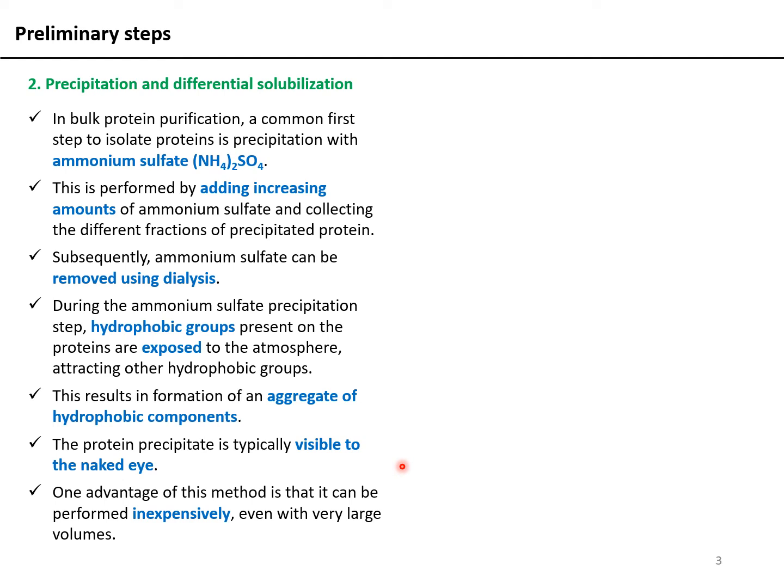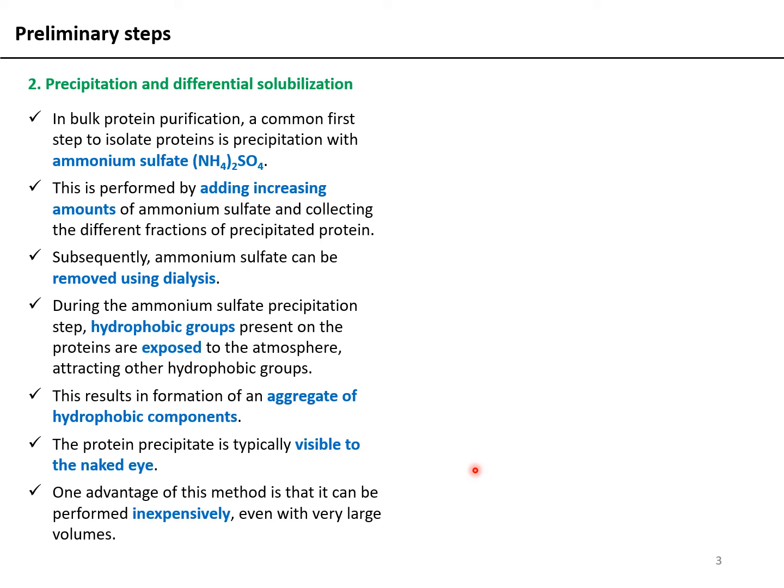Now, one major advantage of this method is that it is pretty cheap. It can be performed inexpensively, even with very large volumes, because all you need to perform this method is ammonium sulfate and knowledge of how soluble your protein is, and at addition of what percentage of ammonium sulfate will not affect the solubility of your protein of interest.